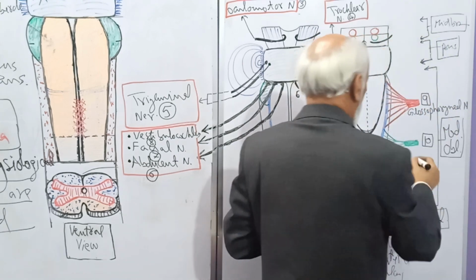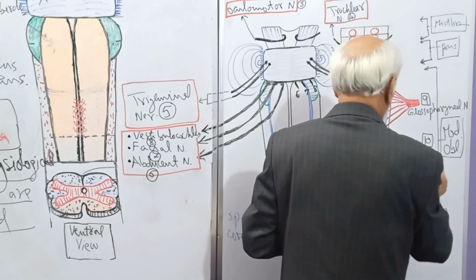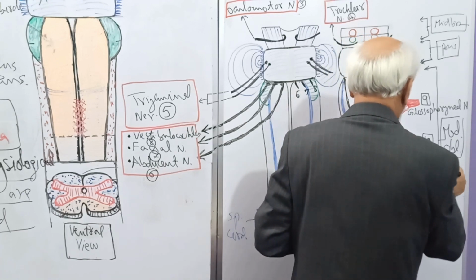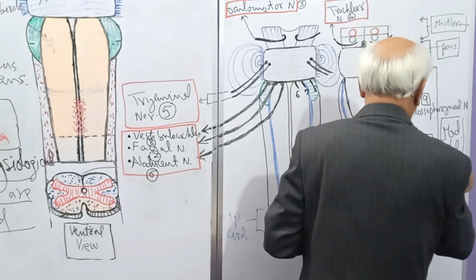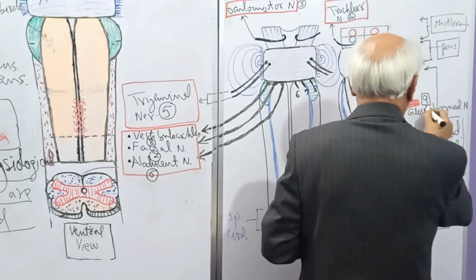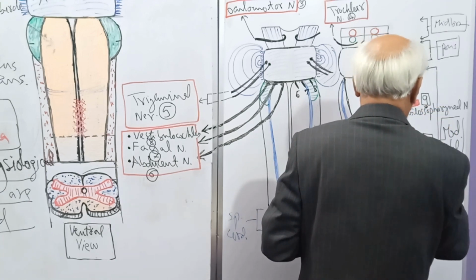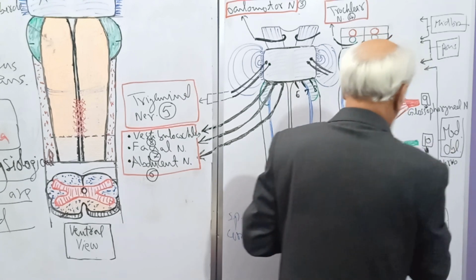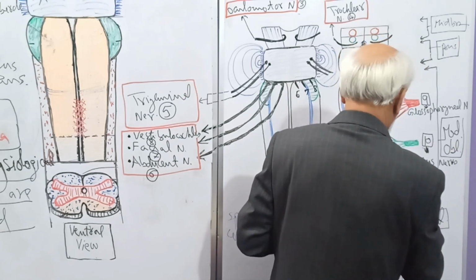Glossopharyngeal nerve, 9th. 10th is vagus nerve. Eleventh is accessory nerve.